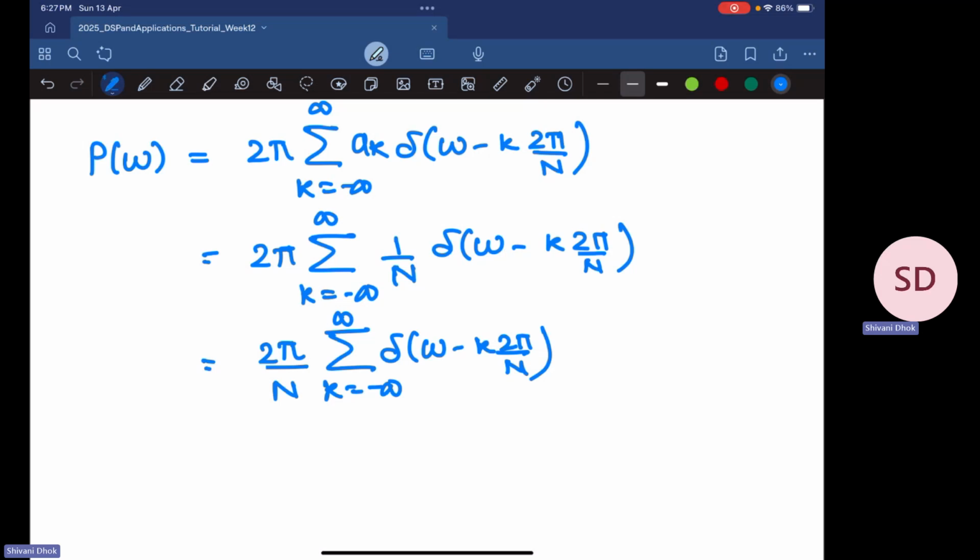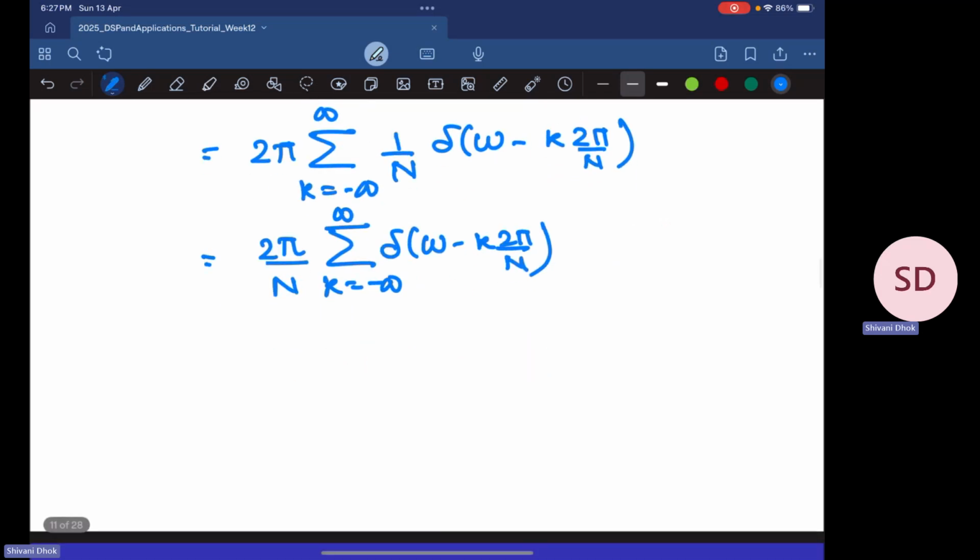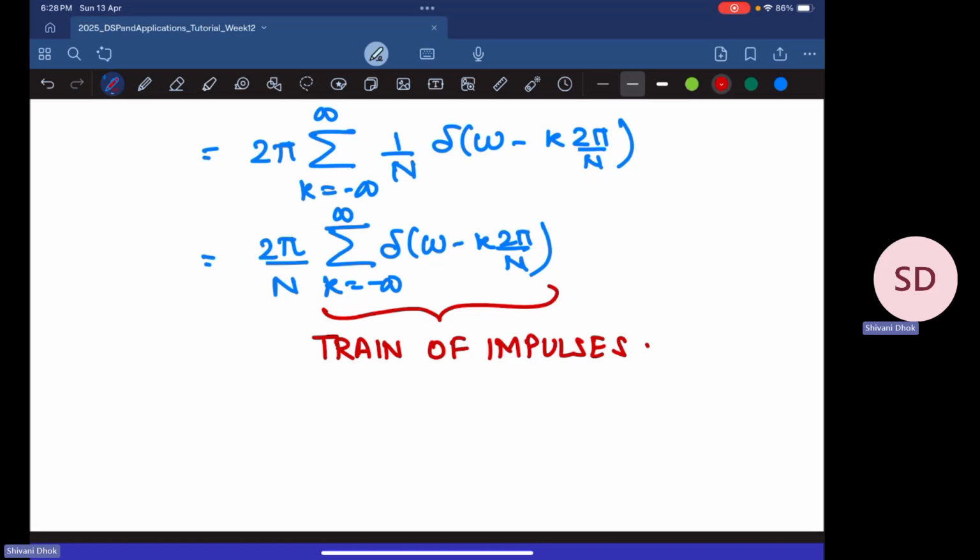Okay, so now what do we observe here? Forget the scaling. Scaling is not a function of frequency. So this particular part is again a train of impulses. And what is the period of this train of impulses?